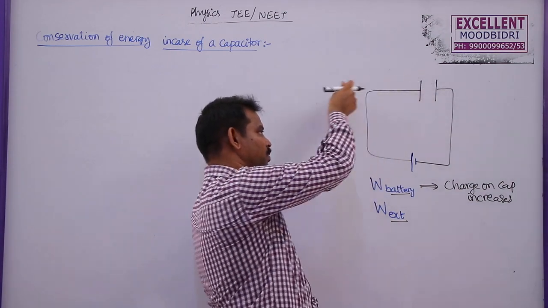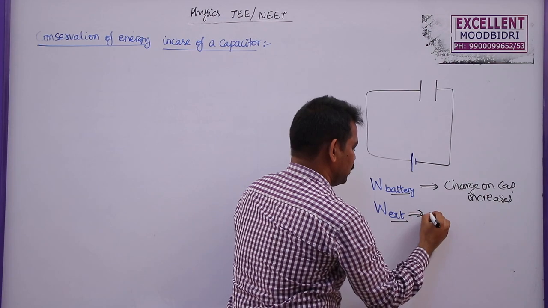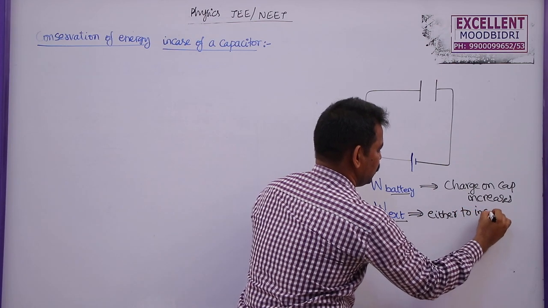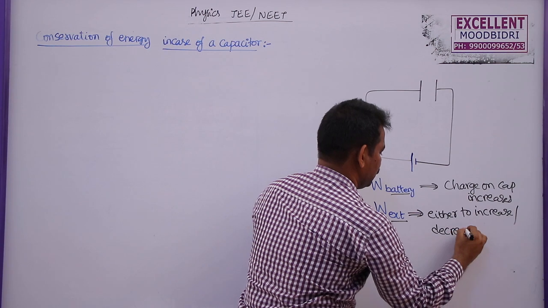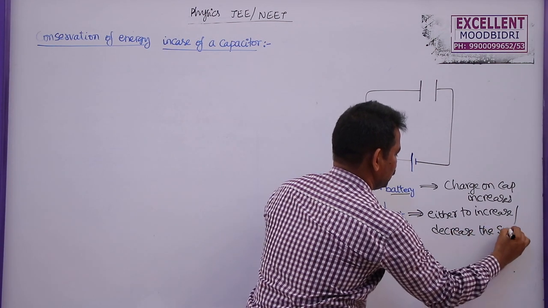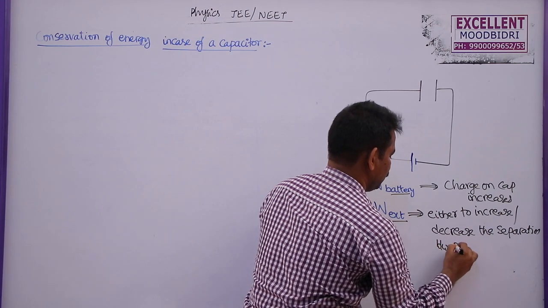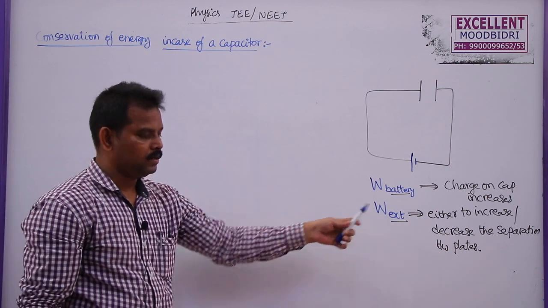We will do some work by mechanical force. So this is the work done by us, either to increase or decrease the separation between the plates. So this is the work done by the battery, and the work done by this one.